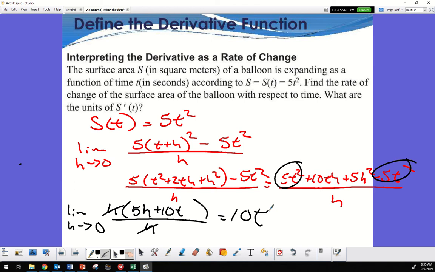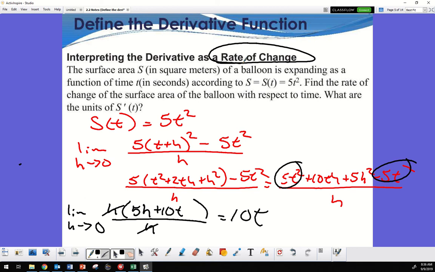So 10t. Now let's talk about units. Is this a rate of change? Yes.